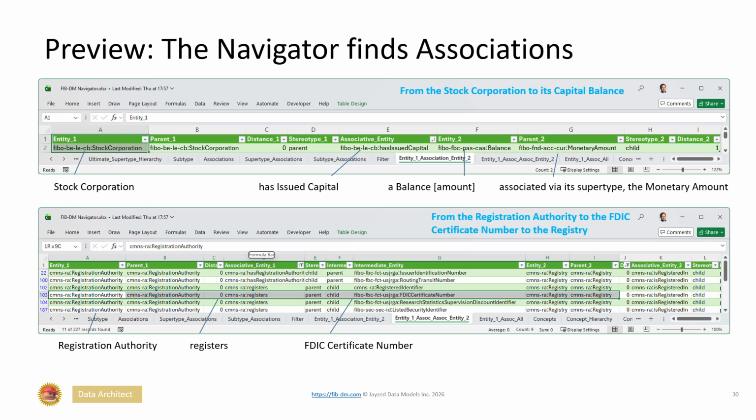And among many other things, like routing numbers, issuer IDs, listed securities, a registration authority also registers FDIC certificate numbers, what we have scoped for our call report. And then the FDIC certificate number is registered in a registry. So we can see that this is much easier and faster to research than traversing within the data modeling tool.